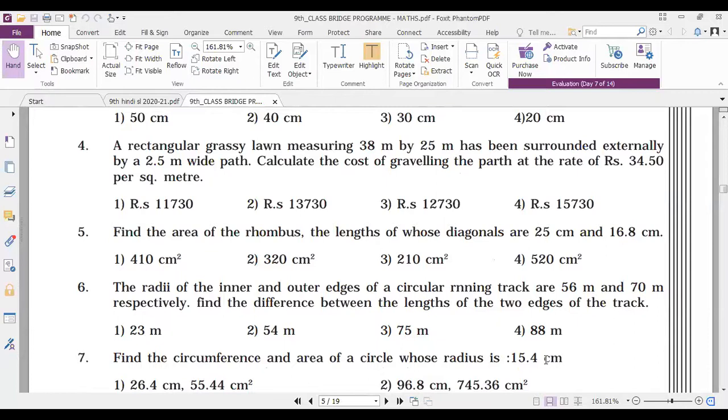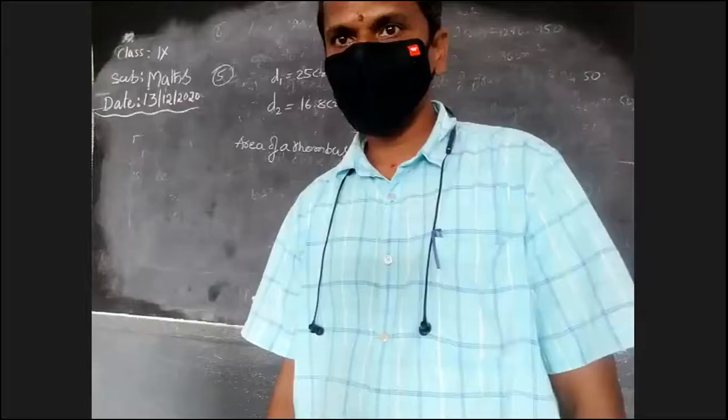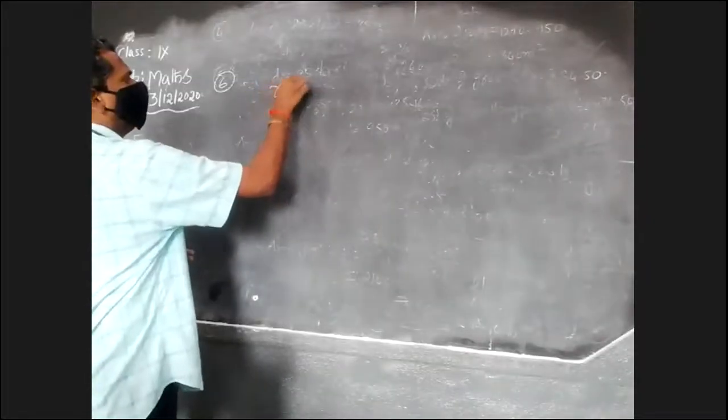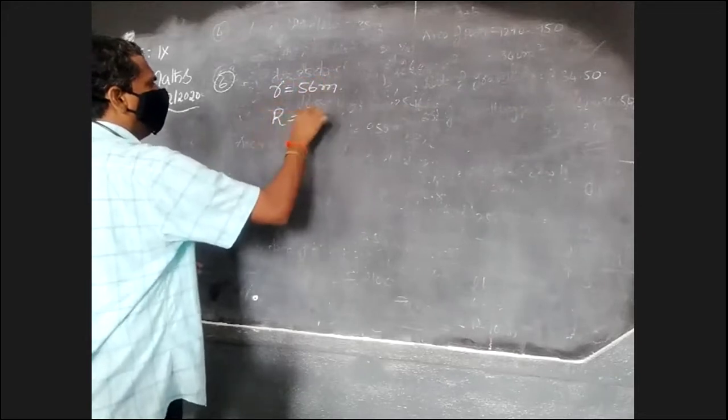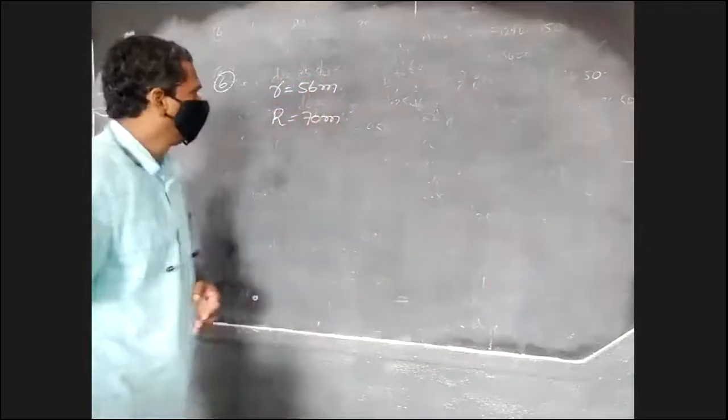So inner radius is given 56 meters, small r, and the outer radius is given 70 meters, capital R.